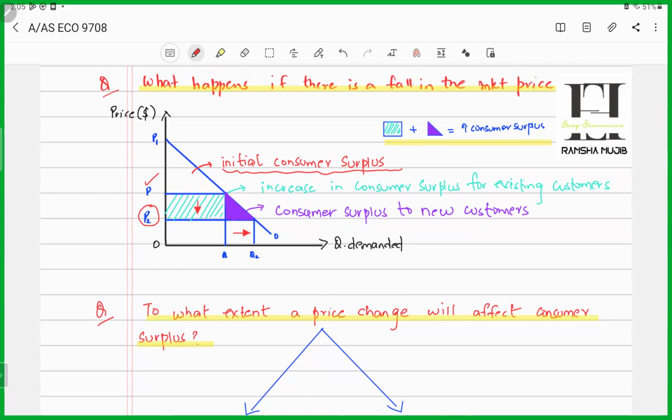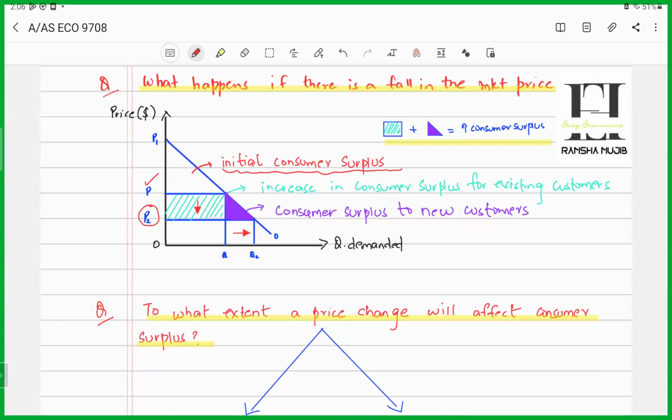Now, the rectangular area of the consumer surplus is the increase in the consumer surplus for existing customers. This means the fall in the market price is enabling the existing customers to buy more of that particular good. And the triangular region is showing the increase in the consumer surplus for new customers.